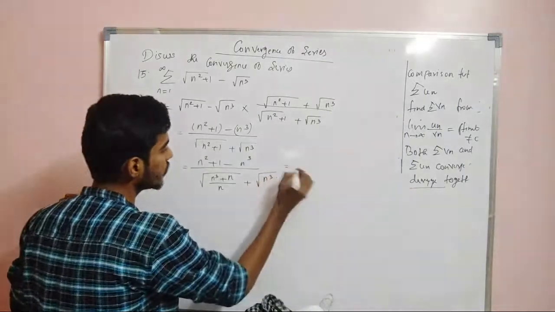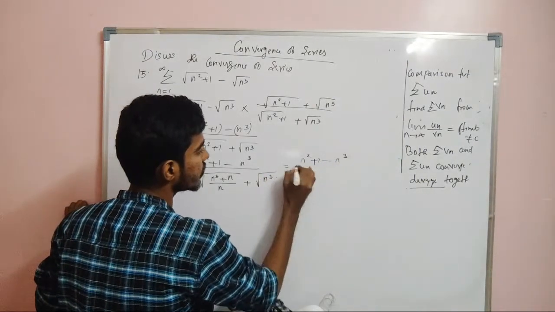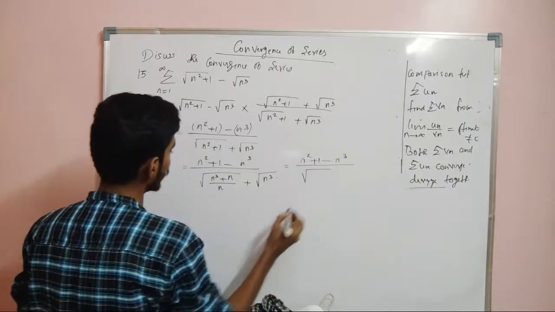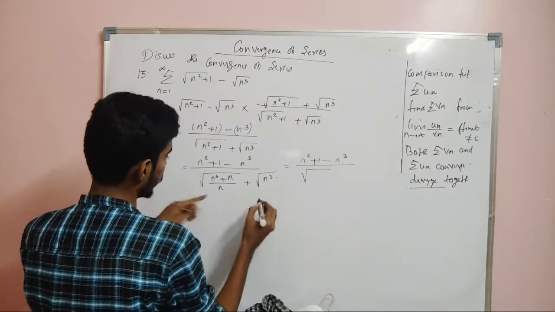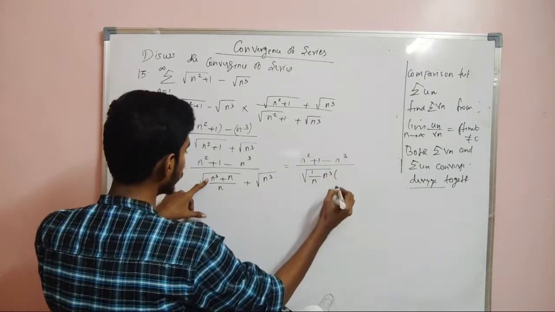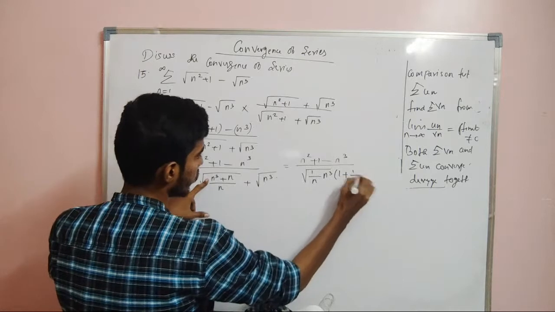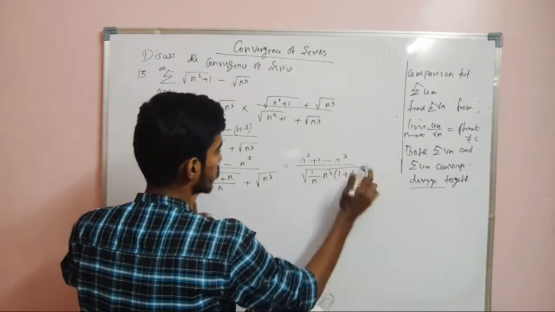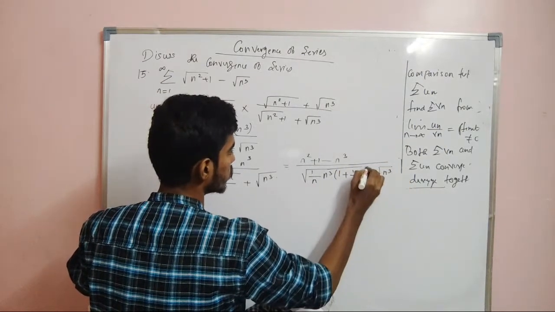So this is nothing but n square plus 1 minus n cube divided by the square root of, if I take n cube common now, we will have 1 by n. Now if I take n cube common, we will have 1 plus 1 by n square, plus square root of n cube, right?